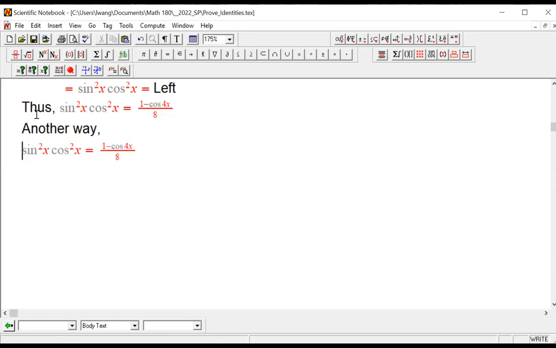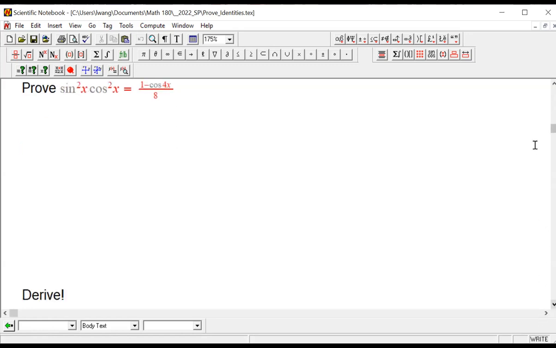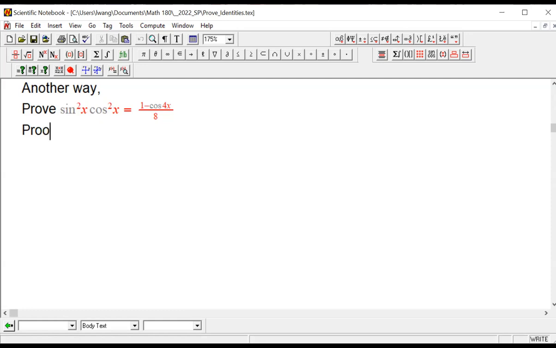Okay, so once again, we're going to prove this piece, but I'm going to do it from left to right. From left to right, we have these two formulas, the double angle formulas. One is sine square of x equals 1 minus cosine 2x over 2.